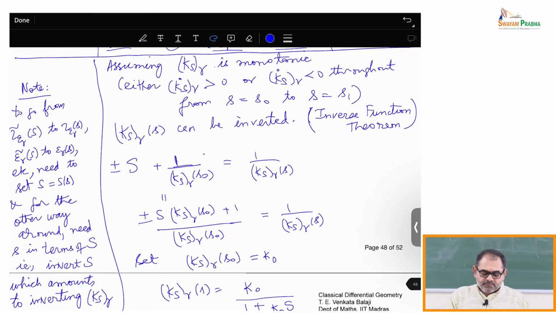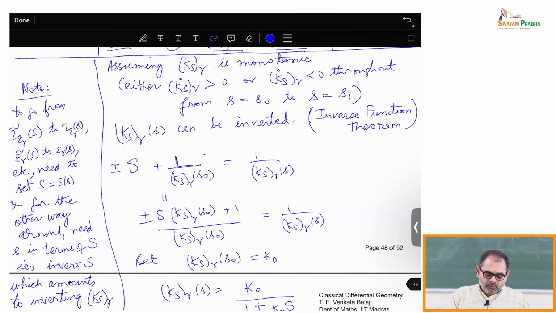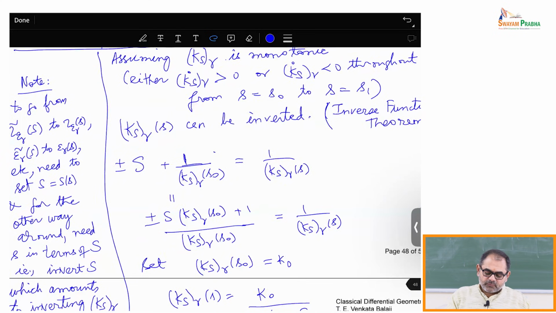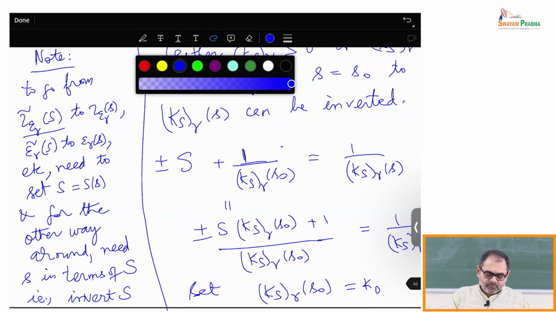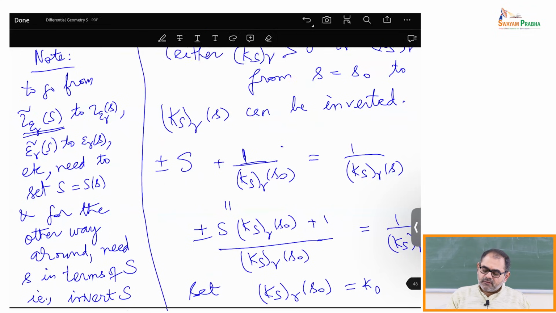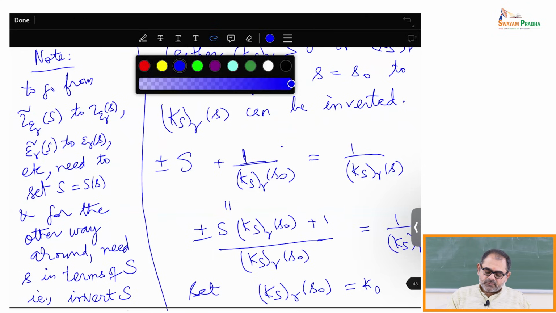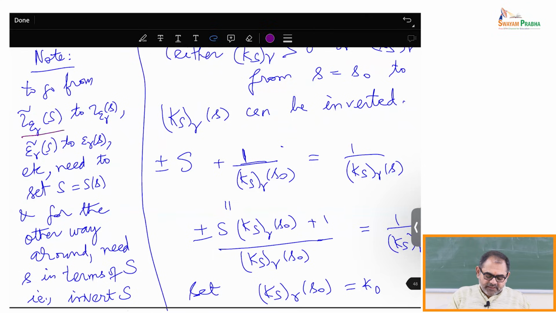See, when you want to go from the involute parameterized by capital S, which is the arc length of the evolute, to the involute parameterized by small s, which is the arc length of the original curve.